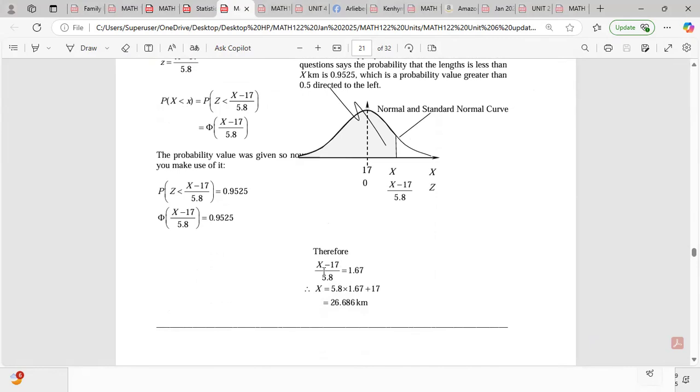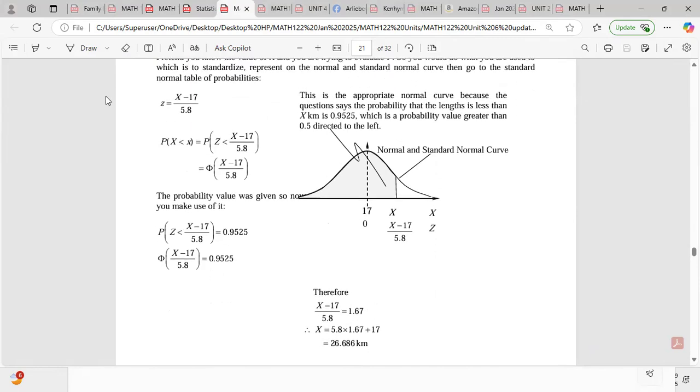Here it is. So this working over there is just formality. Okay, it's not totally necessary. What is necessary is your curve, your x and your mean, your standardization, and then you go into the table, you find the z, and you put it into the standardization, and you solve for x. So this working here is critical.